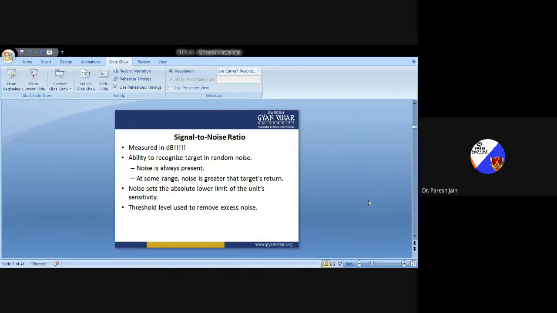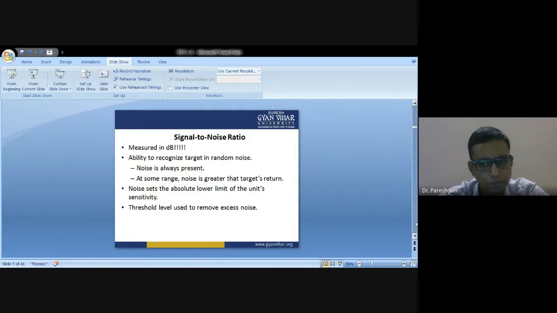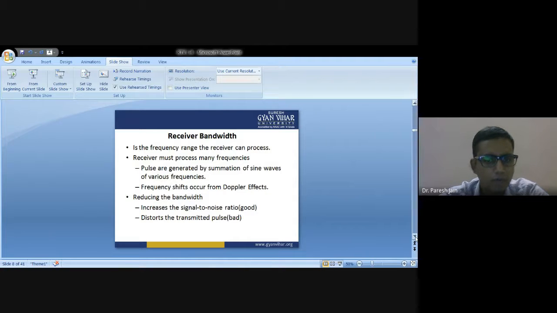In this case, we have to reduce the noise by increasing the SNR. Noise sets the absolute lower limit of the unit's sensitivity. A threshold level is used to remove the excess noise. Above the threshold level, if the noise is going high, we need to remove it, because noise is our unwanted signal.